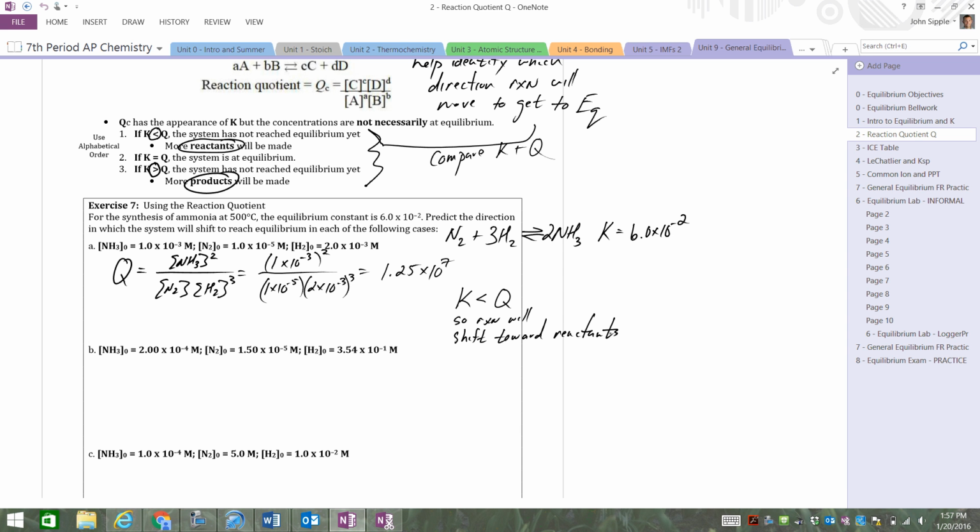All right, so we'll do one more of those. I'll do the next one here. So Q, plug it right in: 2 times 10 to the minus 4 squared over 1.5 times 10 to the minus 5 times 3.54 times 10 to the minus 1 cubed.